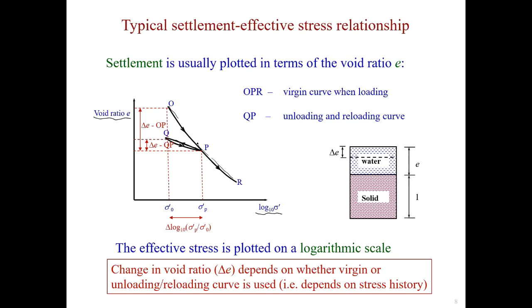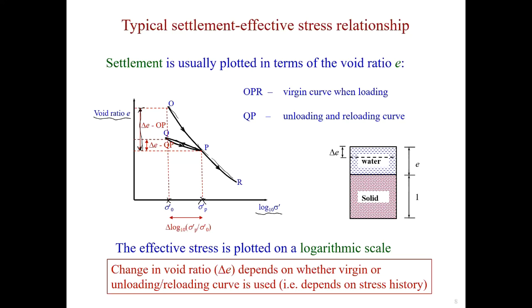So we can see from the figure that for the same amount of change in vertical effective stress, if we change the effective vertical stress from the original one to the final one, then the change in void ratio depends on whether the virgin or the unloading or reloading curve is used. If we use this virgin curve OPR, then you can see the corresponding change in void ratio is this high.